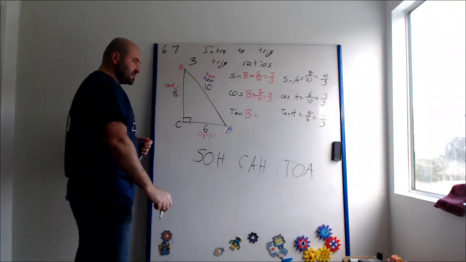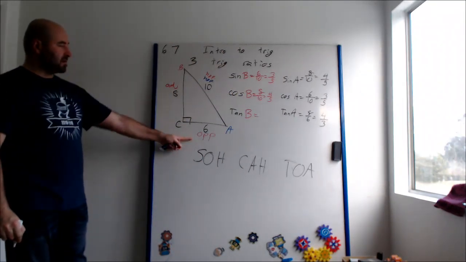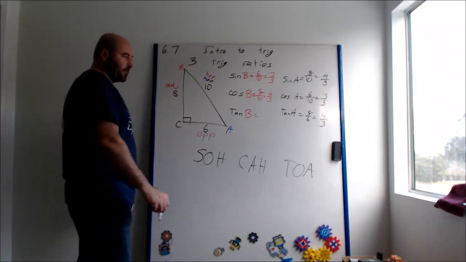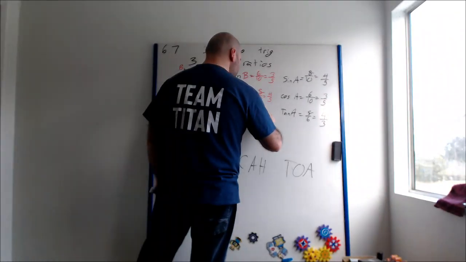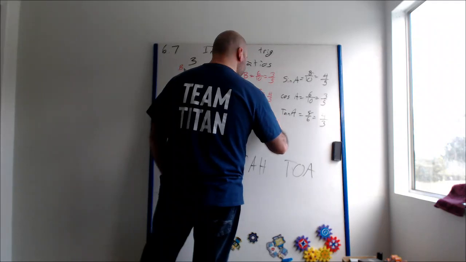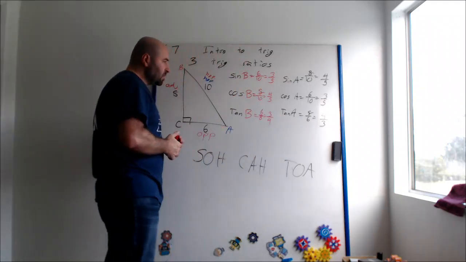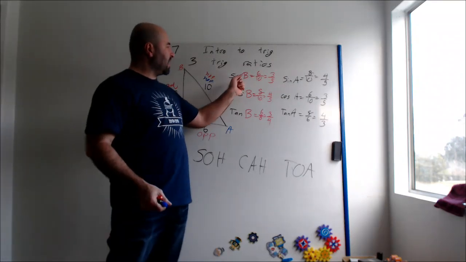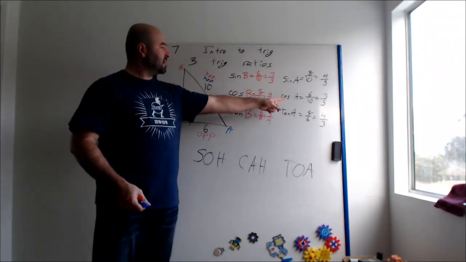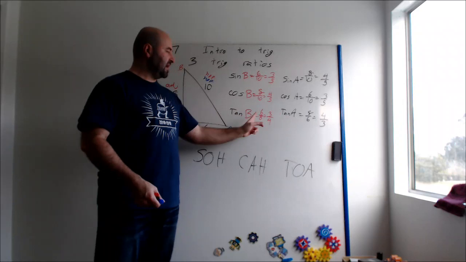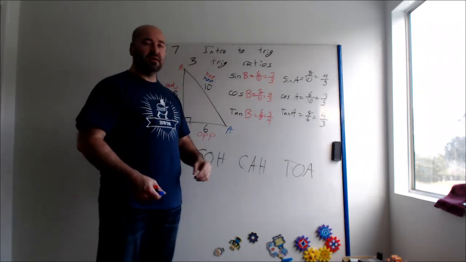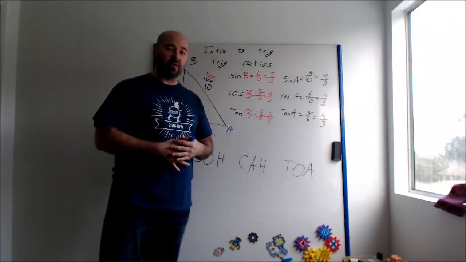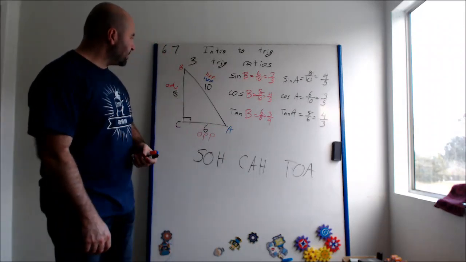And then the tangent, 6 over 8, or 3/4. And if you actually take a look and compare the sine, cosine, and tangent, you'll see some patterns going on and some relationships between them.